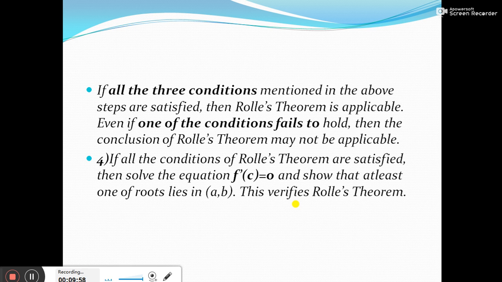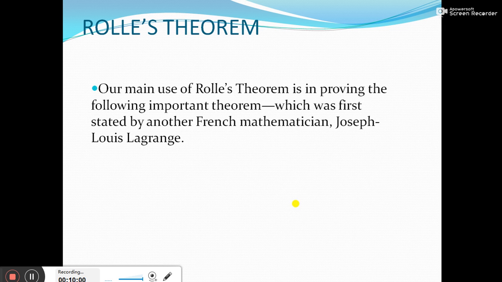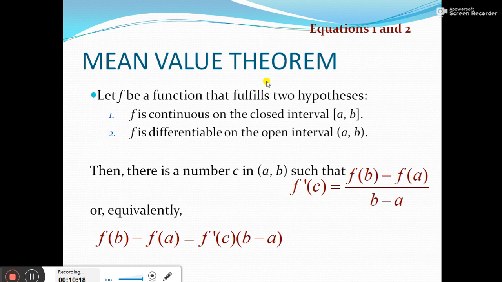About Rolle's theorem. And now the main use of Rolle's theorem is in proving an important theorem which was first stated by another French mathematician, Joseph Louis Lagrange. And this theorem is the mean value theorem.